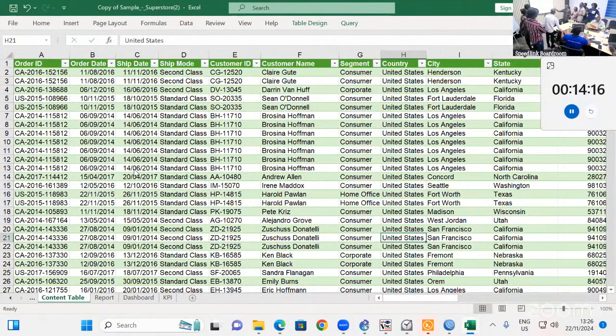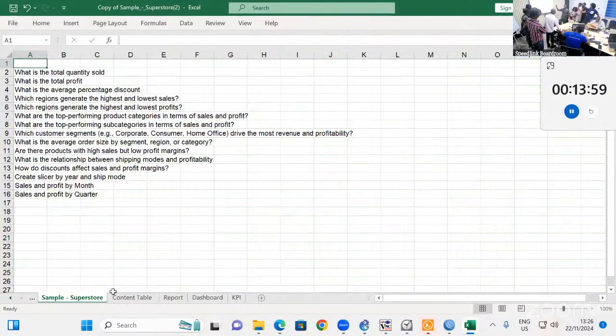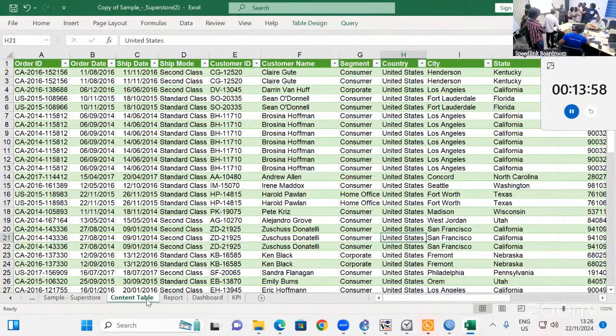Now, looking at this data, someone who is not a data analyst may think that the data is very clean, but as a data analyst, we know that the data is not very clean. Why? It's because the column for order dates and ship dates are supposed to be aligned to the right.